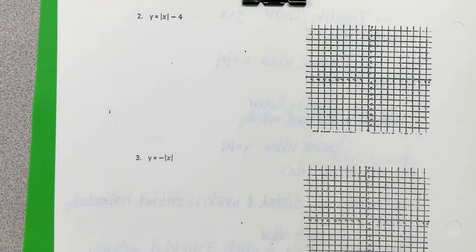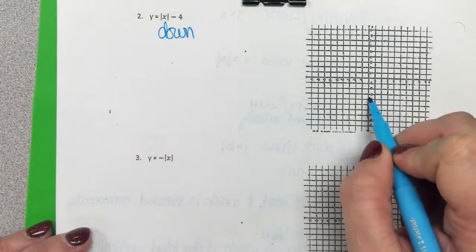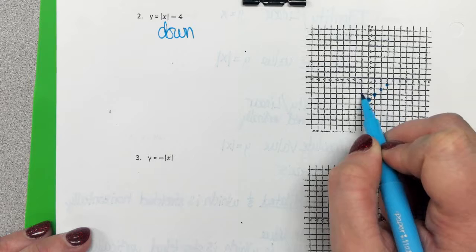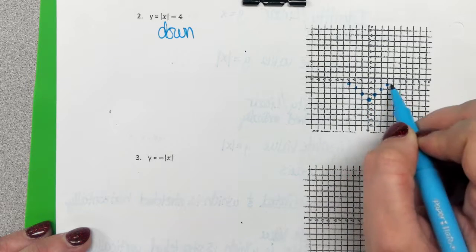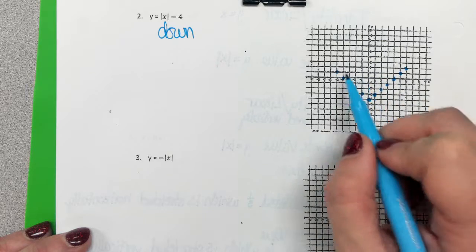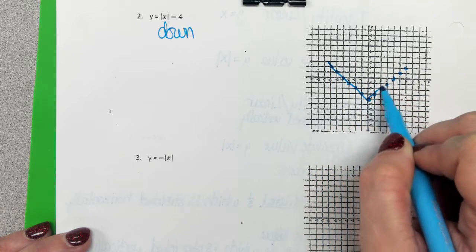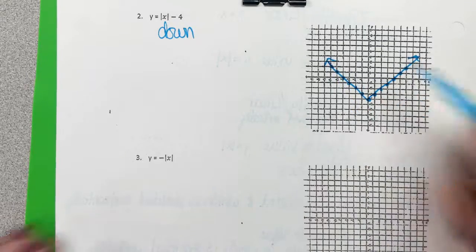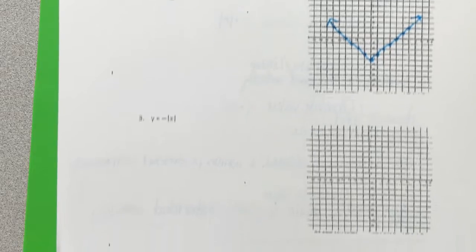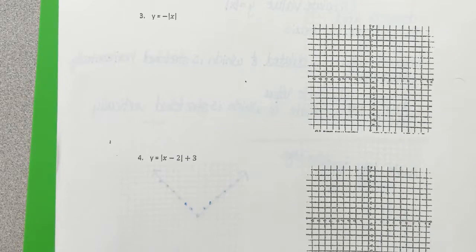Okay, did y'all get that the first one moved it down 4? Okay, so we should be trying to do it without our calculators. And then we just go over 1, up 1, right? Y'all okay on that one? Alright, what about number 3? What did number 3 do? Flipped it over.